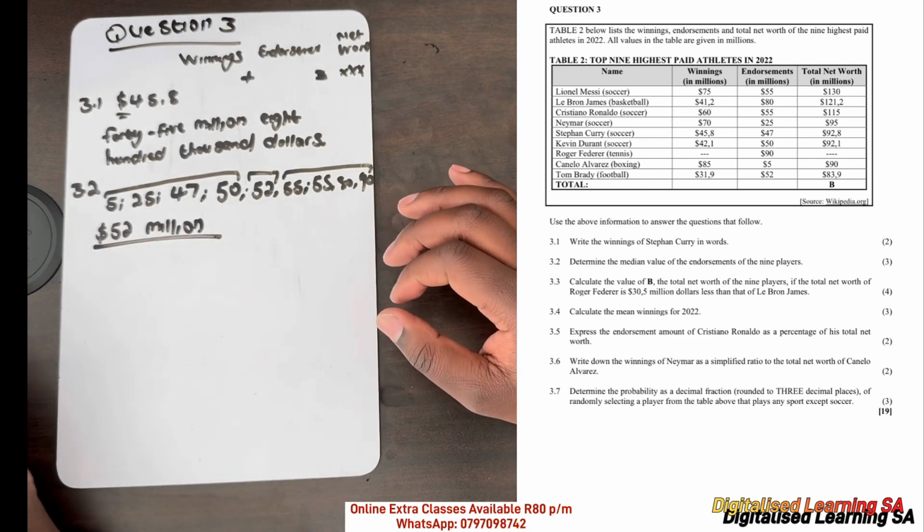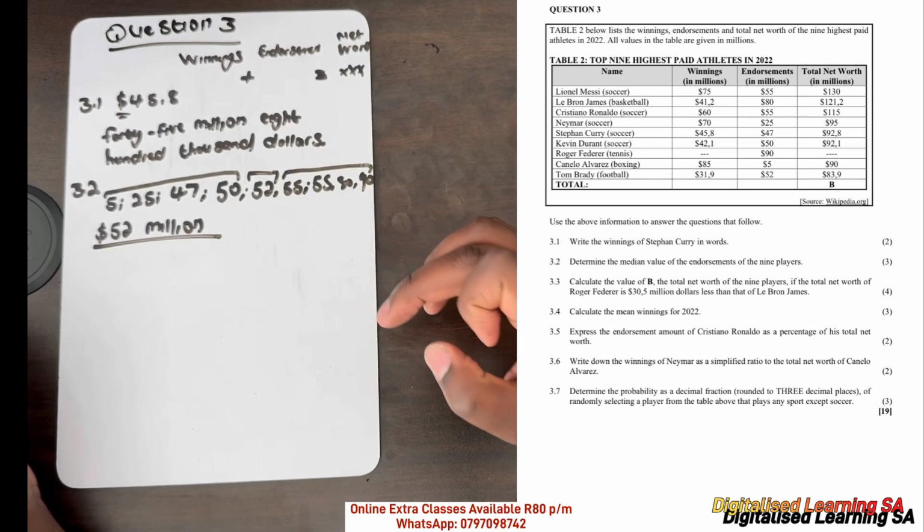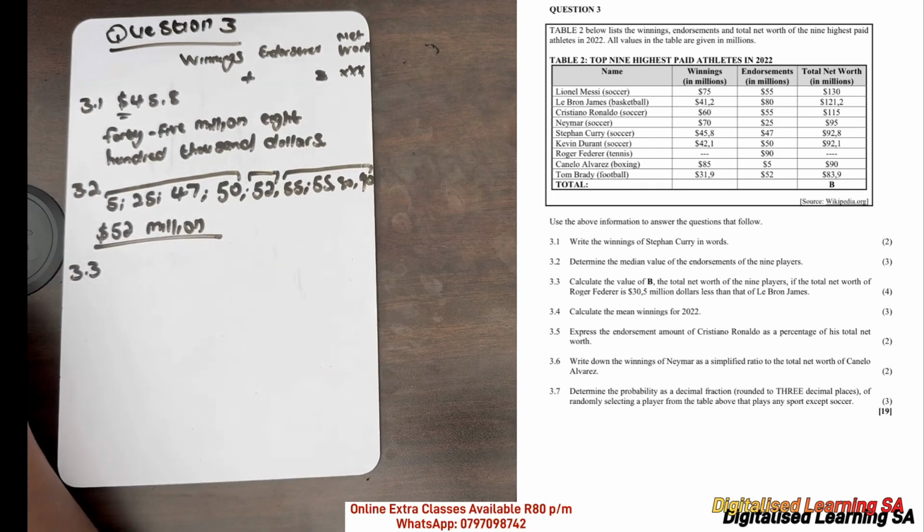Okay, so now let's move to the next question, which is question 3.3. Question 3.3 says calculate the value of B. So we can see that B is the total net worth of the 9 players. We can see that on our net worth column, we have an empty space for Roger Federer.